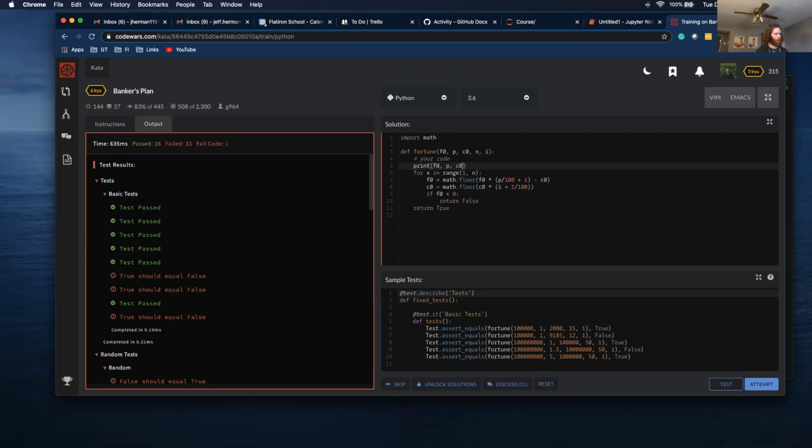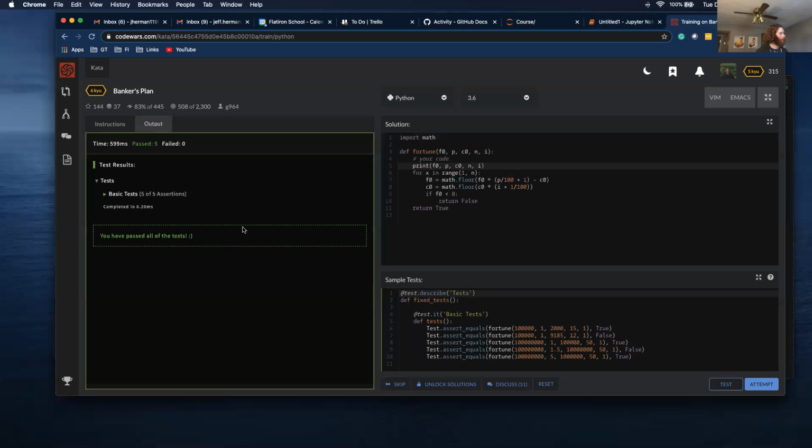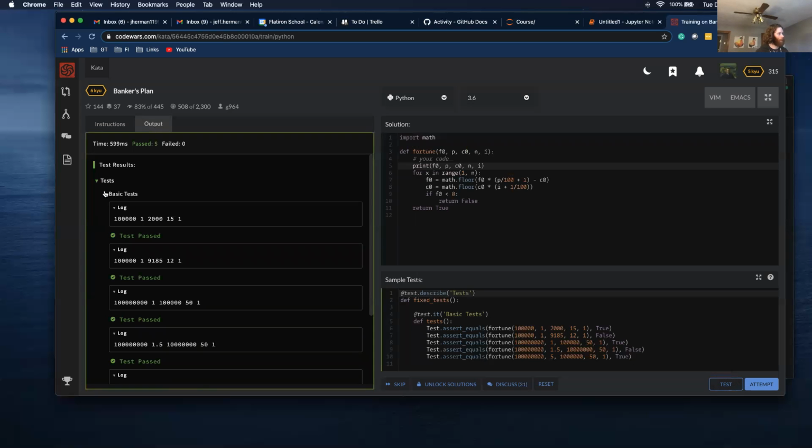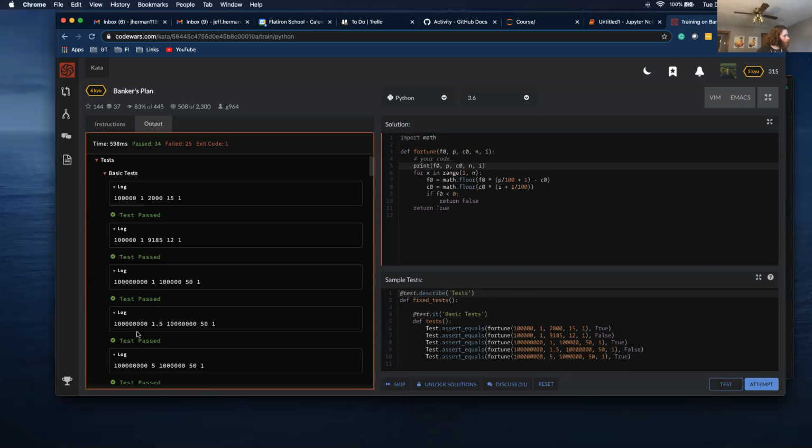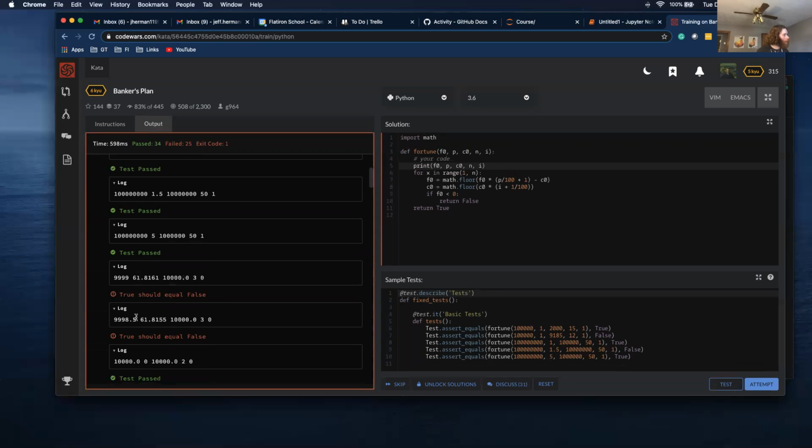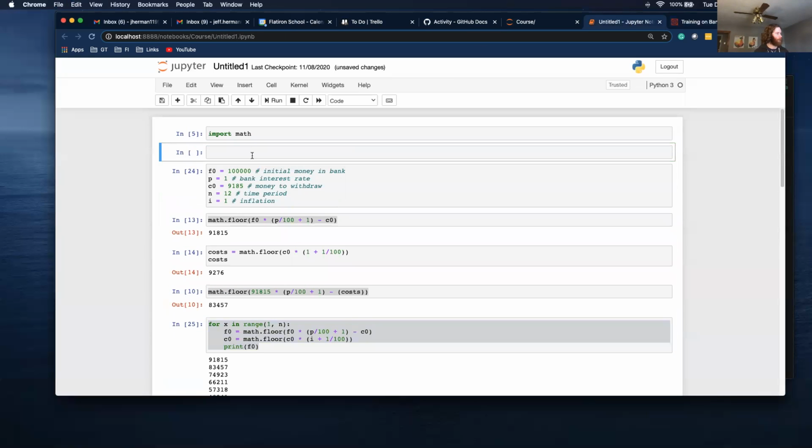I'm getting weird results. I was talking with another student, and if you get one of these wrong, you can print out the input variables. That way you can try testing it out on your own. So true should equal false here. Let's see why we got this wrong.